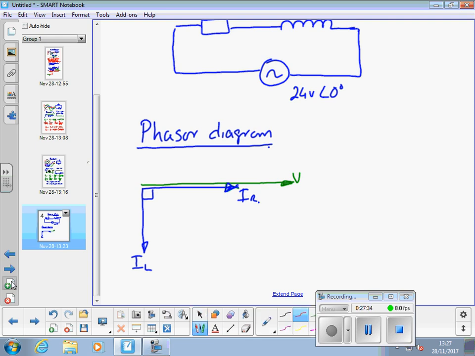What we then do with those currents is complete the parallelogram. And that is our IT that's flowing in that circuit, and that is the angle between it and the reference voltage phasor.